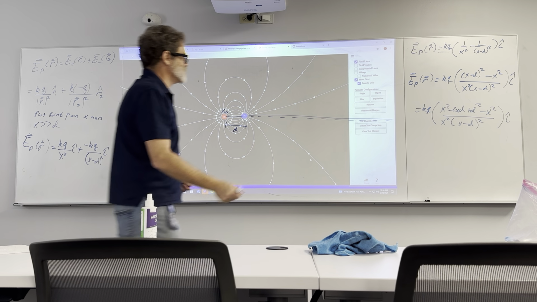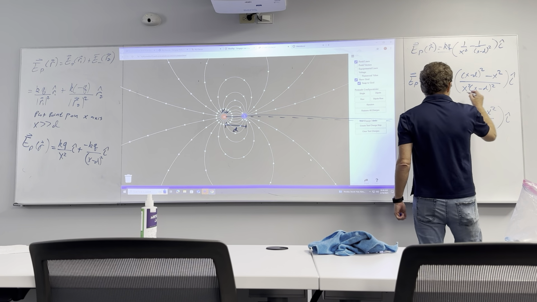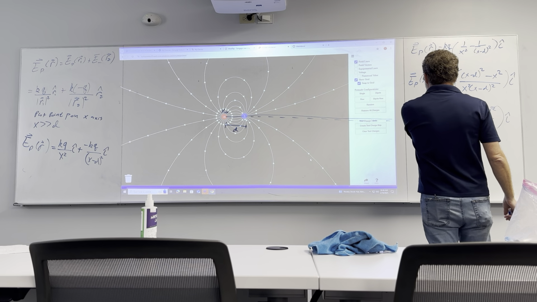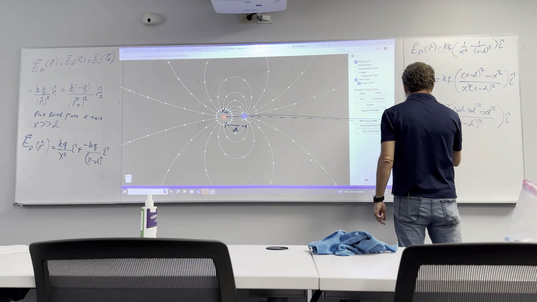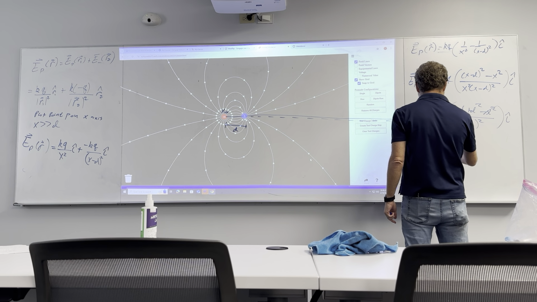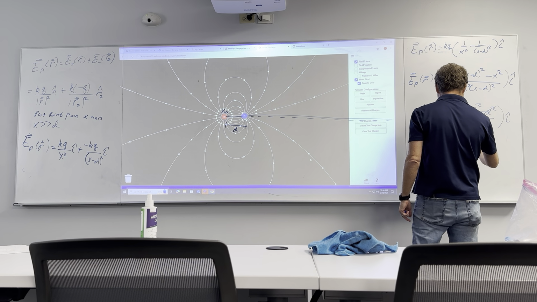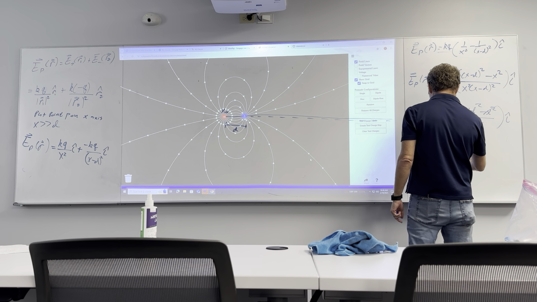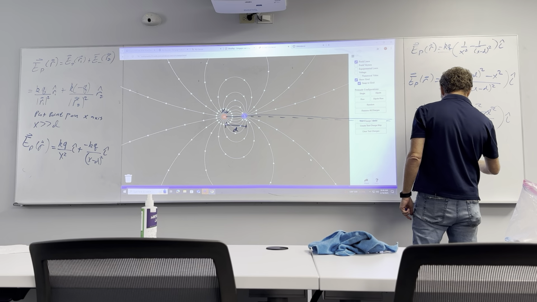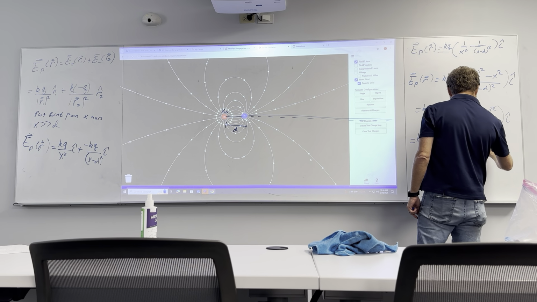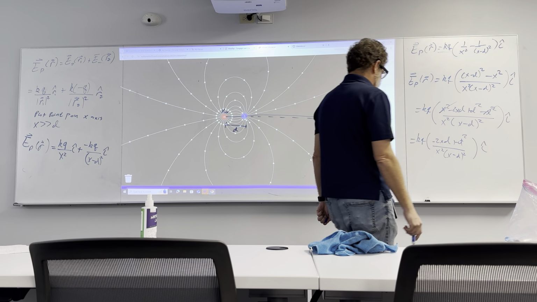The x squareds. All right, x squares cancel. So I get KQ minus 2xd plus d squared over x squared times x minus d squared times I hat.